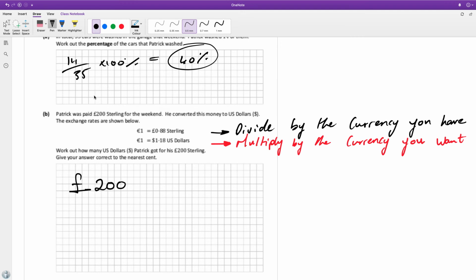So, €1 is equal to 0.88 pounds, and €1 is equal to $1.18. And we want to figure out how many US dollars Patrick gets for his 200 pounds. What do you reckon we're going to do?